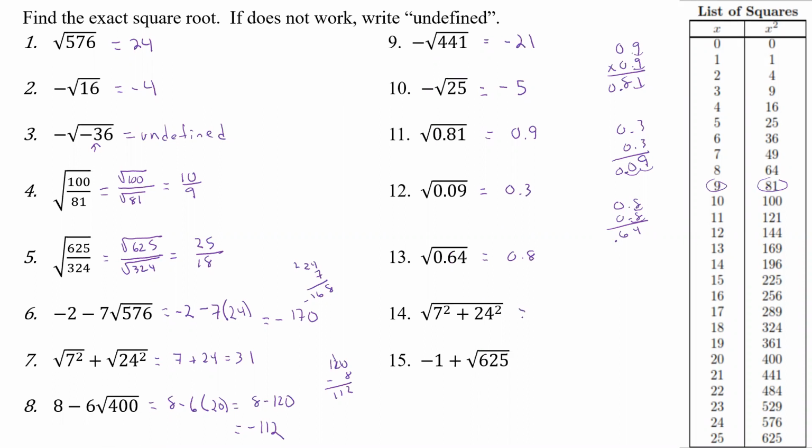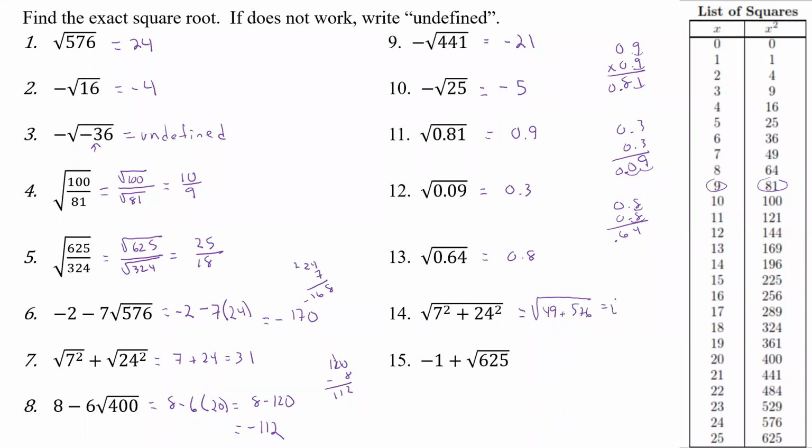All right, so this one, now we have to actually take the square root of this squared plus this squared. Now, when you have a square root of all of that, we actually have to multiply 7 times 7 and 24 times 24, add those two together, and then we can take the square root. So this becomes the square root of 7 times 7 is 49, plus 24 times 24 is 576.